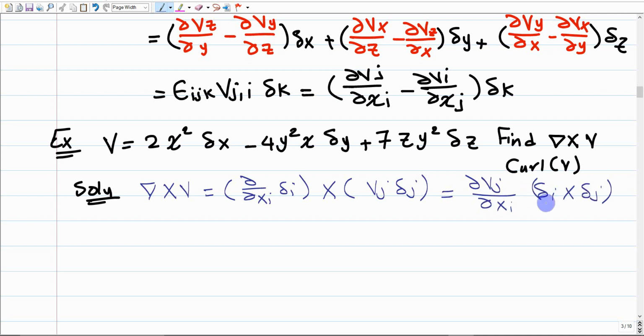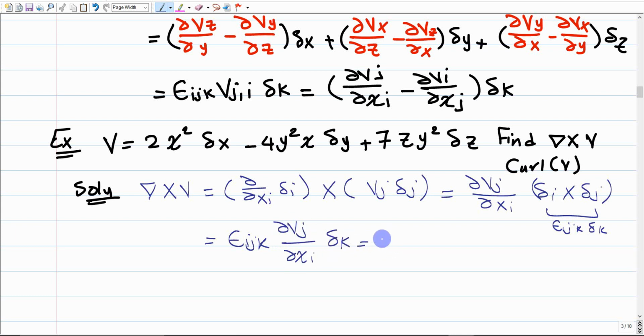We're just gonna do the operation over the deltas. This gives us epsilon ijk, because this term gives us epsilon ijk delta k, right? So epsilon ijk partial Vj by partial xi delta k.